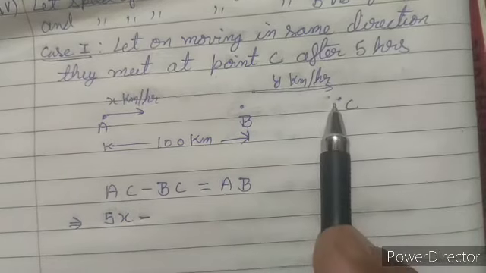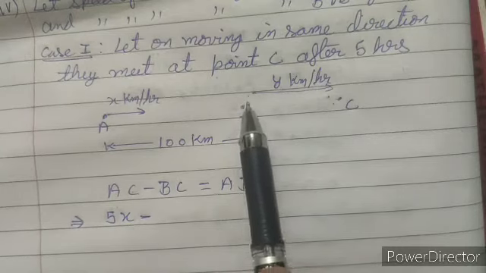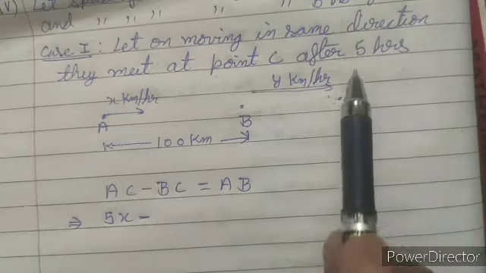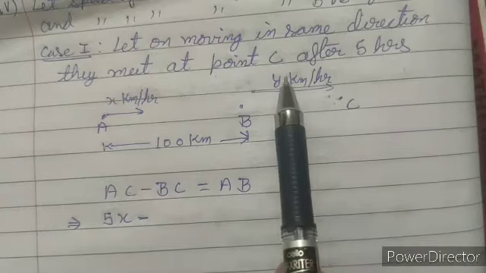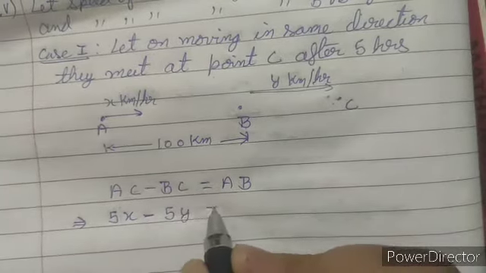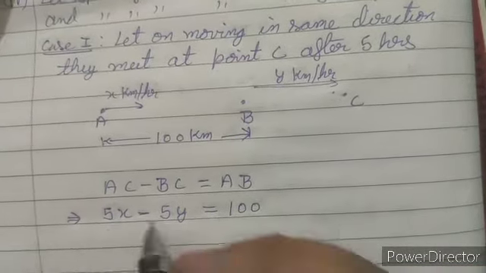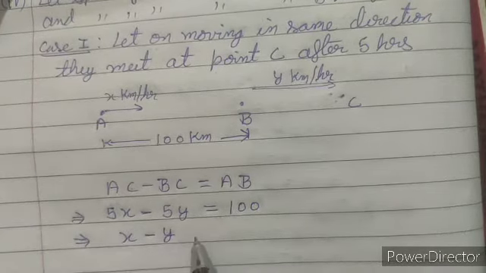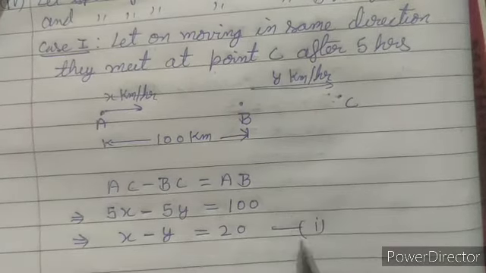Now BC is the distance covered by the car starting from B with a speed of y km per hour in 5 hours. So the distance BC will be speed into time, that will be y into 5, and that will give us 5y, and that will be equal to AB, and distance AB is given to us, that is 100 km. Now on dividing the whole equation by 5, we will get x minus y equal to 20. This is equation first.